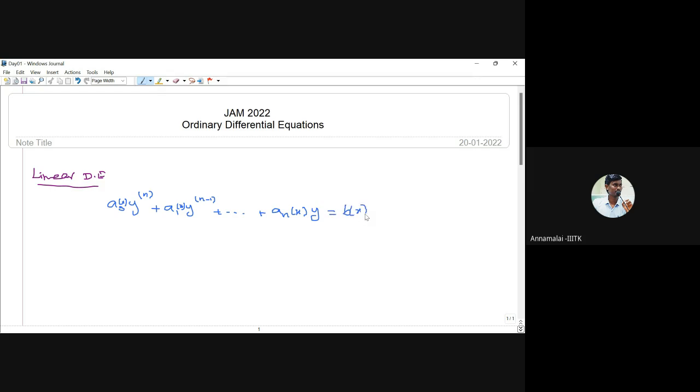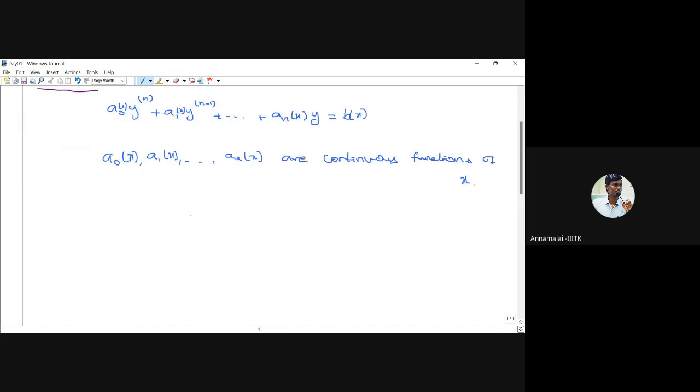So this is the general form of the nth order linear differential equation, where the coefficients a naught of x, a1 of x, etc., an of x are continuous functions of the independent variable x, and where y power n is the nth derivative of y with respect to x, that is d^n y by dx^n. That is the notation.